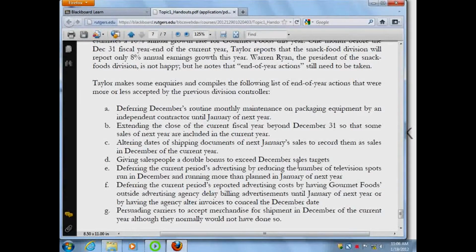Okay? So anytime you intentionally do something in order to mislead or deceive, that's clearly illegal by the law as well as by GAAP. Okay? So this is fraud. It has to be approved by the, I think we went over this, it has to be approved by the external auditor, of course.